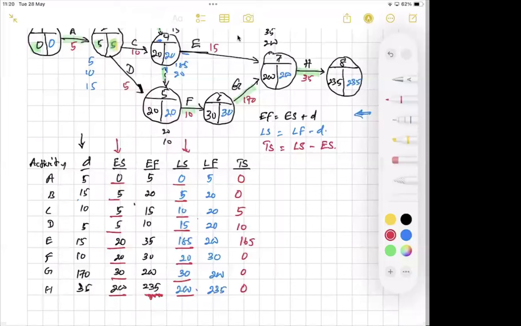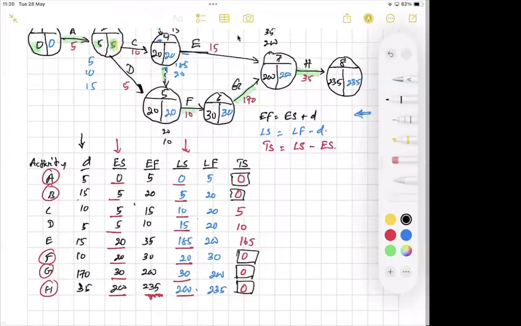Then we found the critical activities A, B, right, F, G and H. Look at the total slack of these activities, right? The total slack of critical activities are zeros, right?